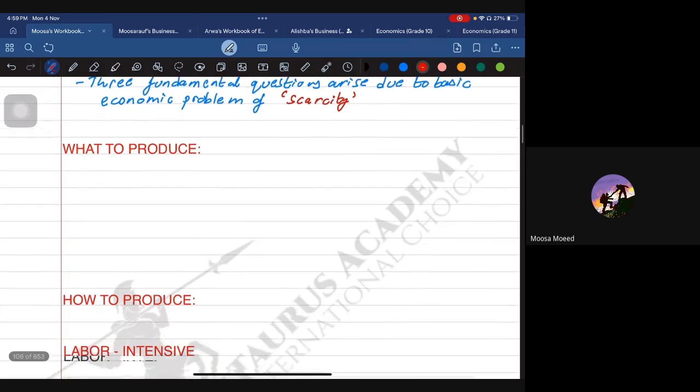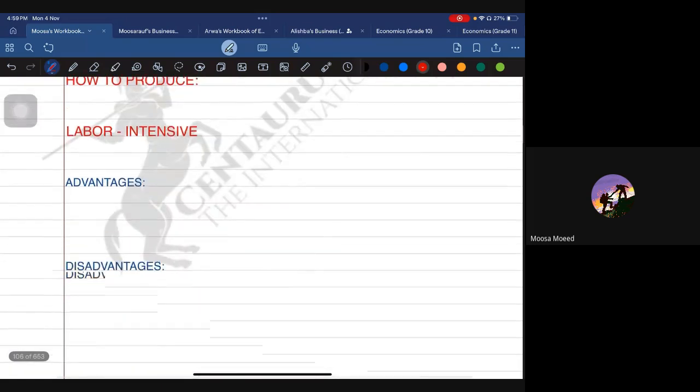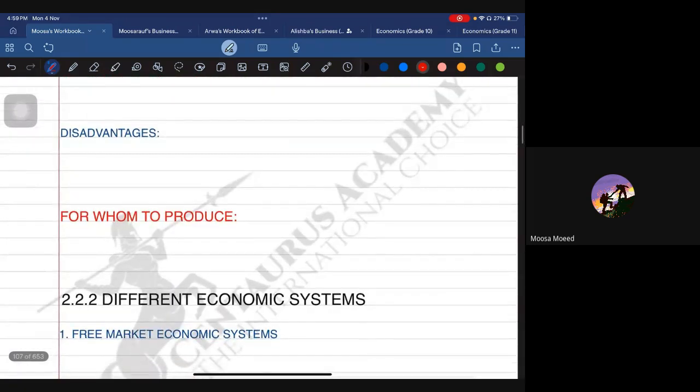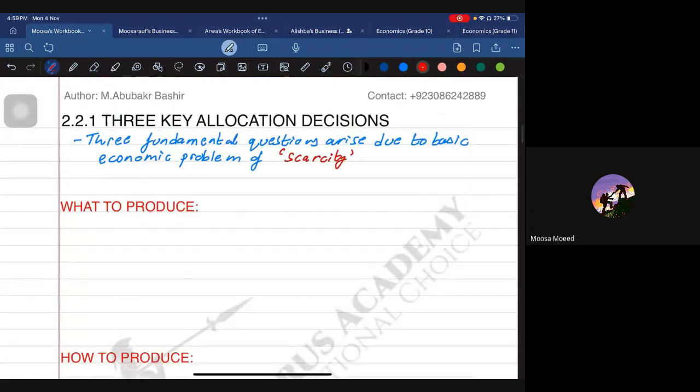What to produce, how to produce, and for whom to produce. यहाँ पे for whom to produce, when to produce नहीं है कोई question. ये बड़ी एक जनरल मिस्टेक है which many of the students make कि वो what, how और for whom को हमेशा कोई ना कोई एक गलत बता देते हैं. तो ये आपको तीनों बड़े बेसिक हैं, ये आने चाहिए हमेशा.